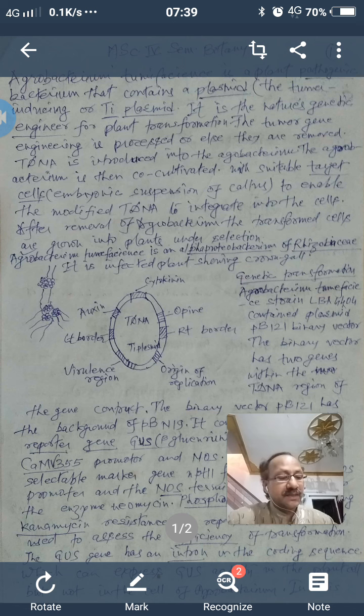Agrobacterium tumefaciens is an alpha proteobacterium of the Rhizobiaceae.